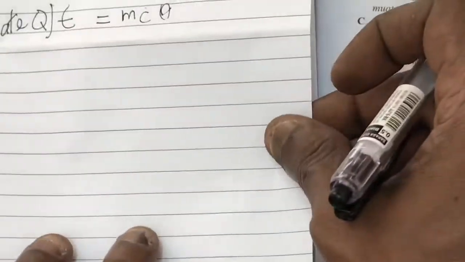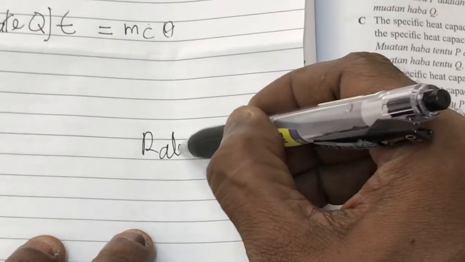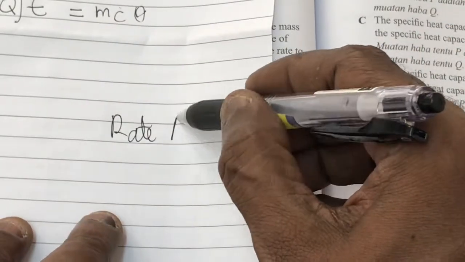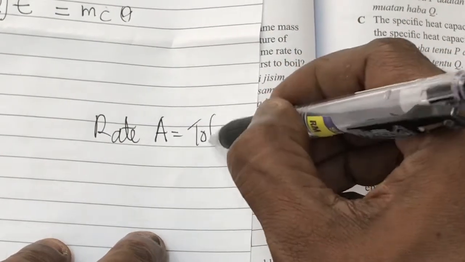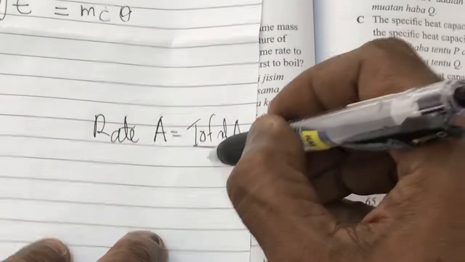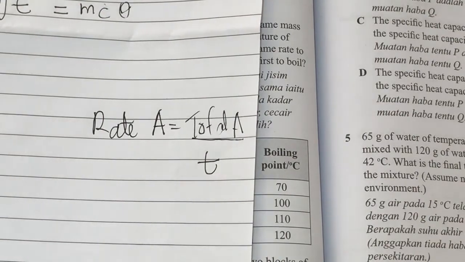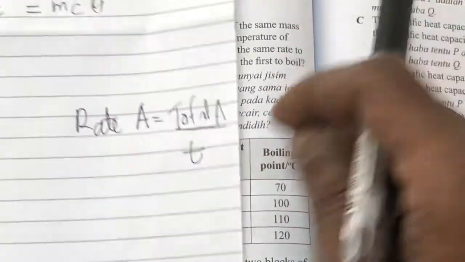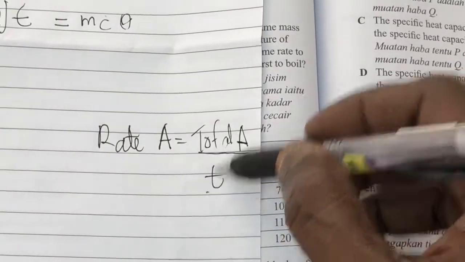Basically in maths, if I want to find the rate of A, it must be the total A divided by time. This is Form 1, Form 2 math: rate, ratio, proportion. To find the rate of A, which can be anything, it must be the total A divided by time.